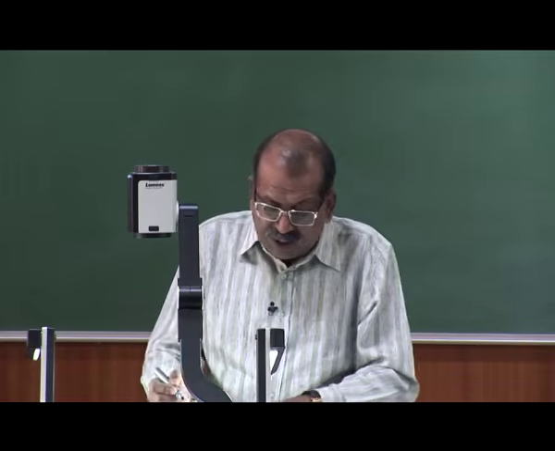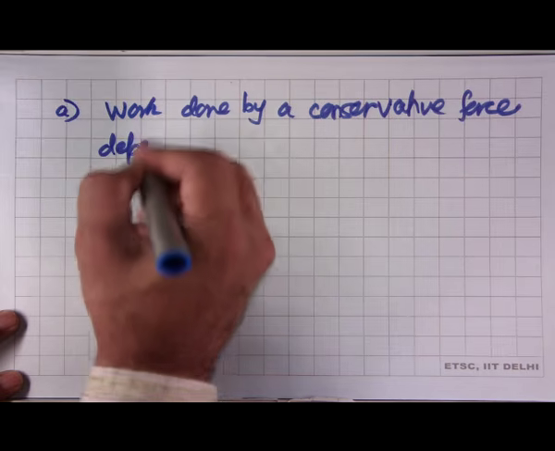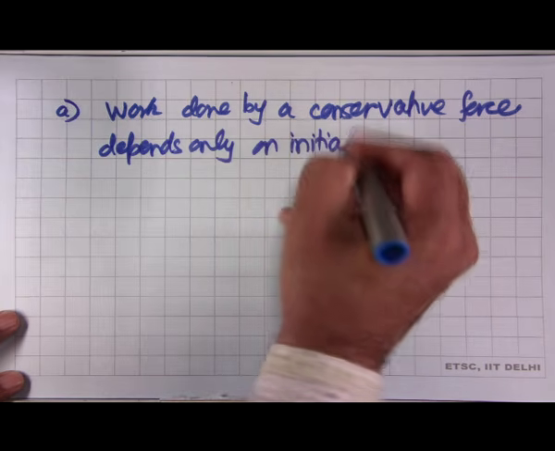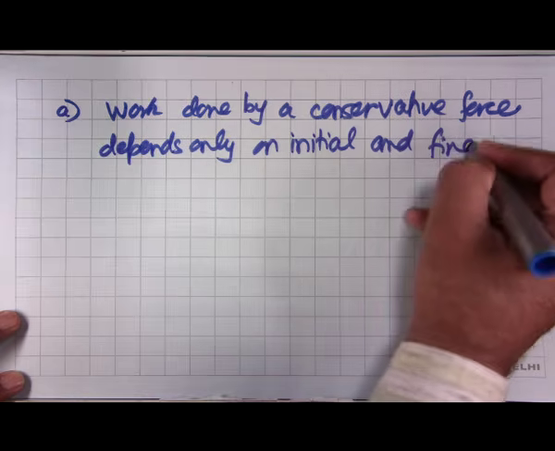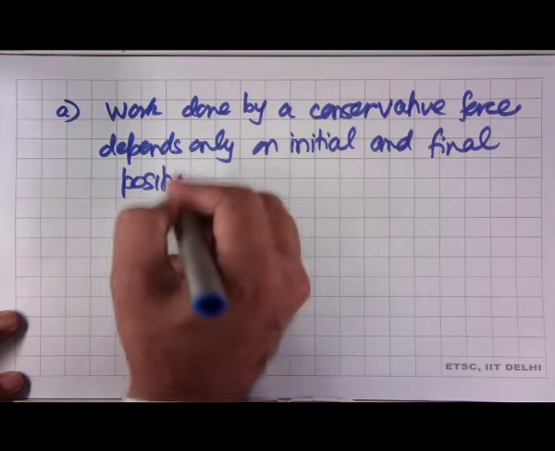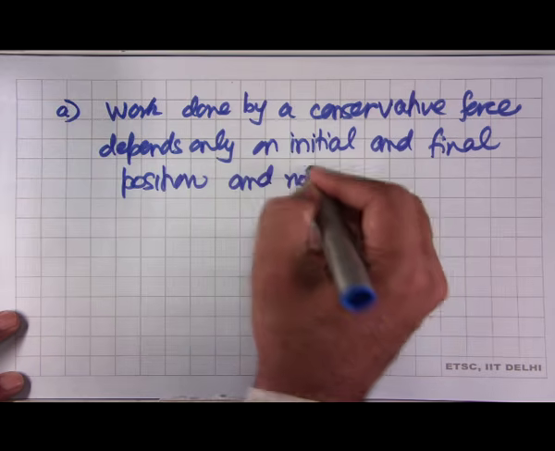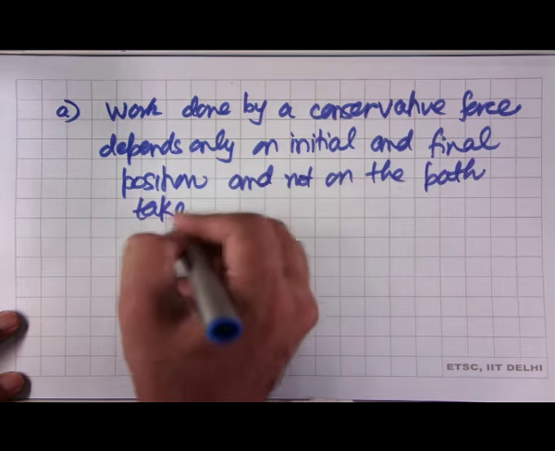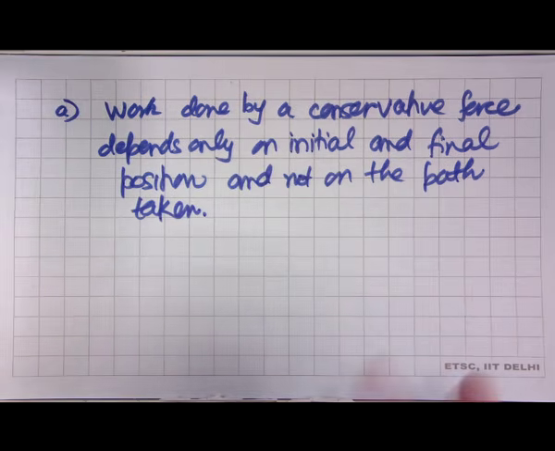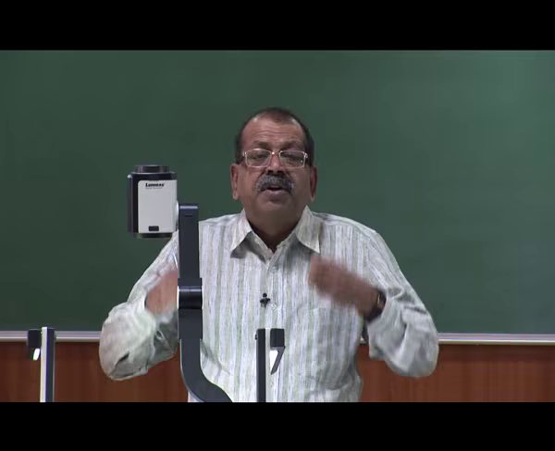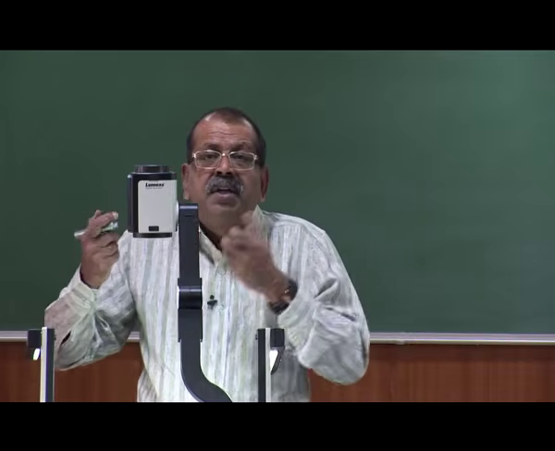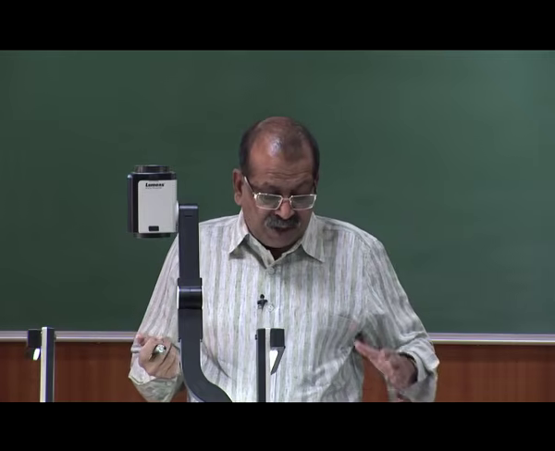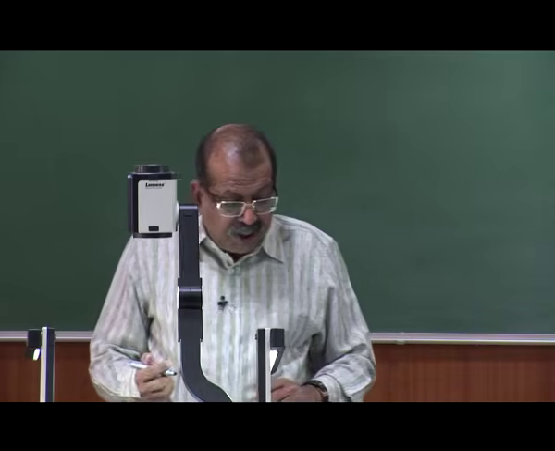But work done by a conservative force depends only on the initial and the final position, and not on the path taken. And that is why we can define this work done as some sort of integral of that force, and we quantify it as a scalar which we call the potential energy. So, the work done will not depend on the path.